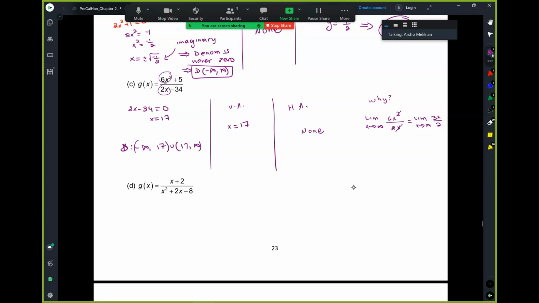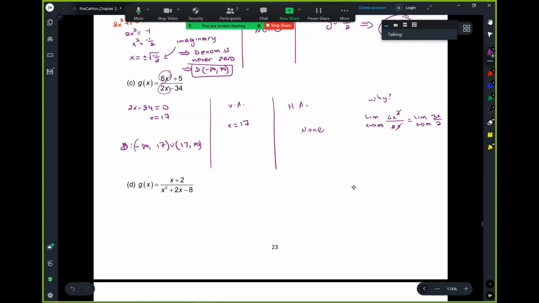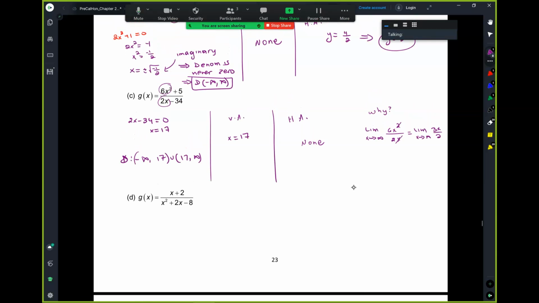Then the whole thing will be infinitely large. Okay? So for now, you don't have to look too deep into that. Just memorize the formulas, and just say if more x's are on top, then there is no horizontal asymptote. All right, so it's 3x. But still, when x is infinitely large, what is it? Infinity. Okay, that's what I want us to focus on.